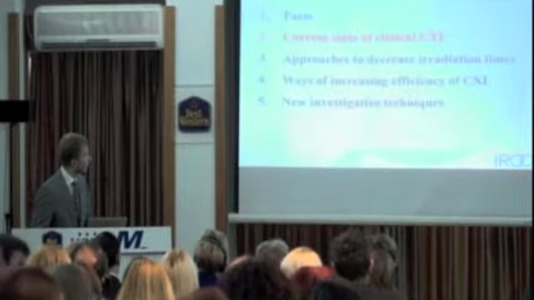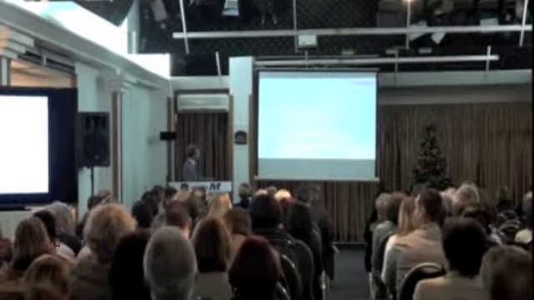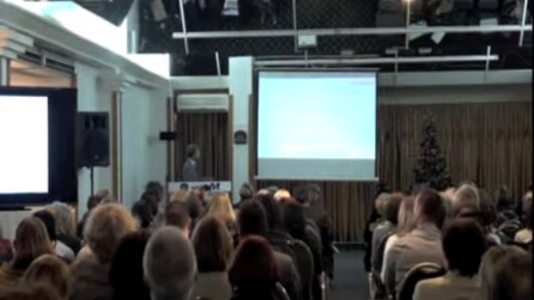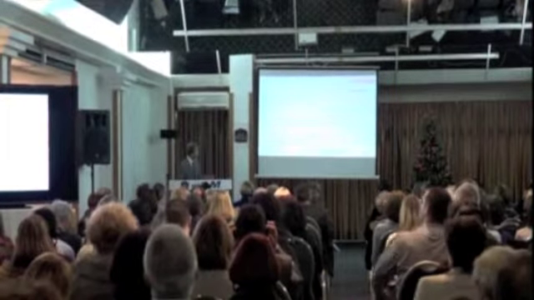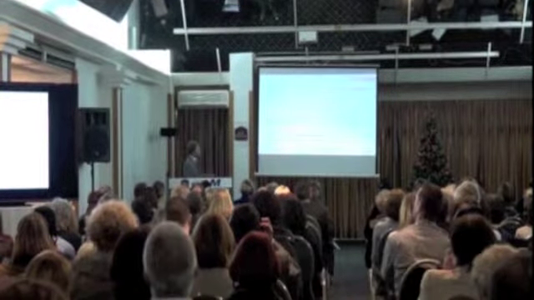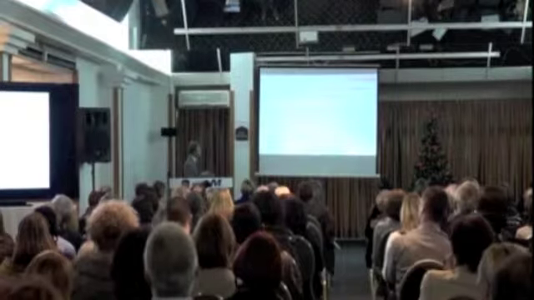So, current state of clinical crosslinking. This is the so-called Dresden protocol. As the first crosslinking procedure was developed in Dresden, we do the epithelial removal with a diameter of 9 millimeters. Here you can see the molecule of riboflavin monophosphate. This is the riboflavin molecule.